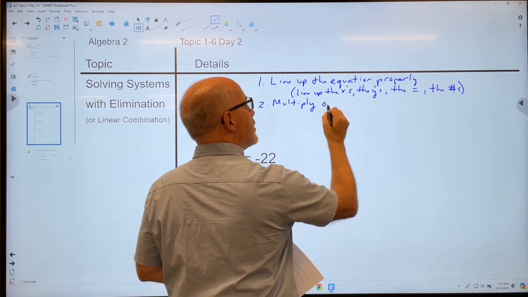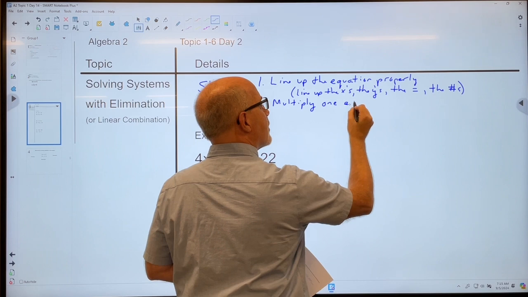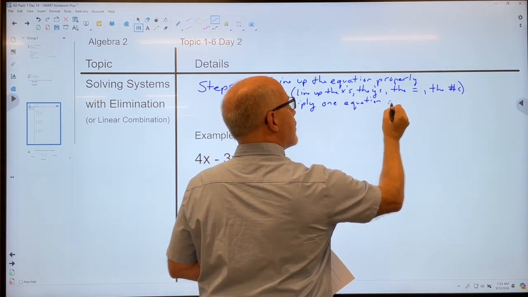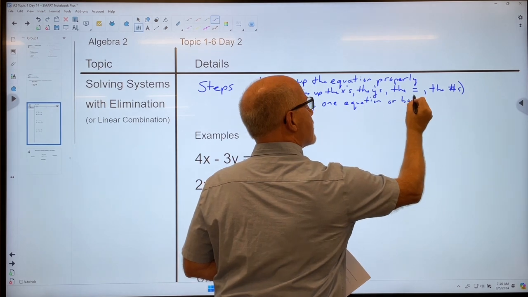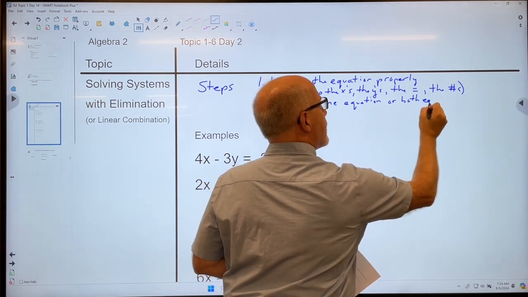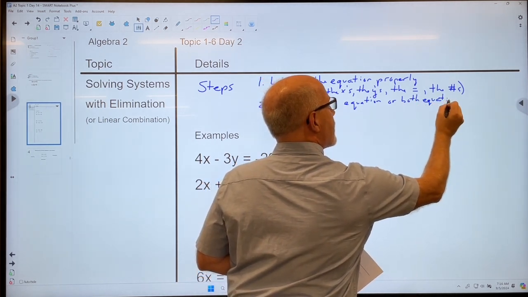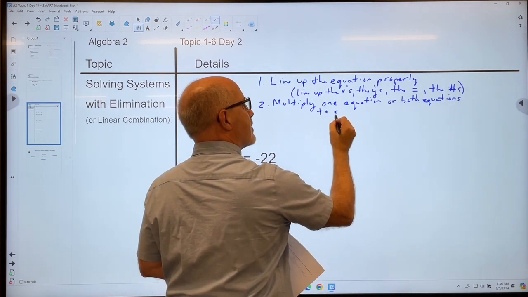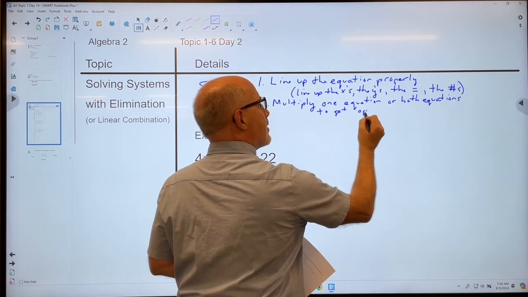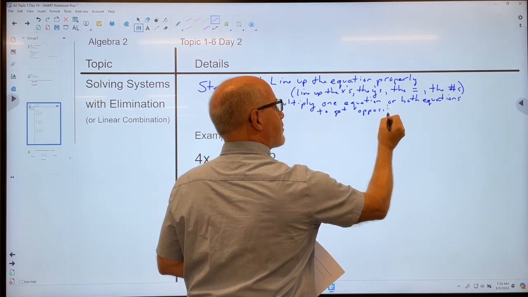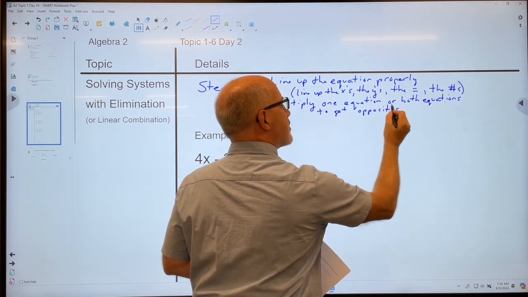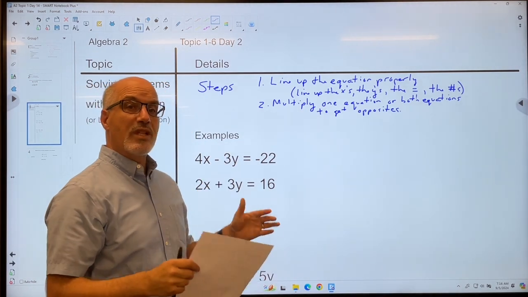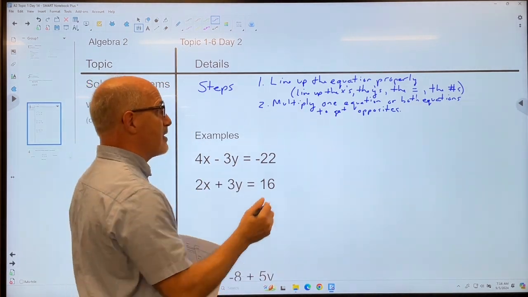Multiply one equation or both equations to get opposites. See, what this method's called elimination, because you notice that these two will eliminate each other because they're opposites.